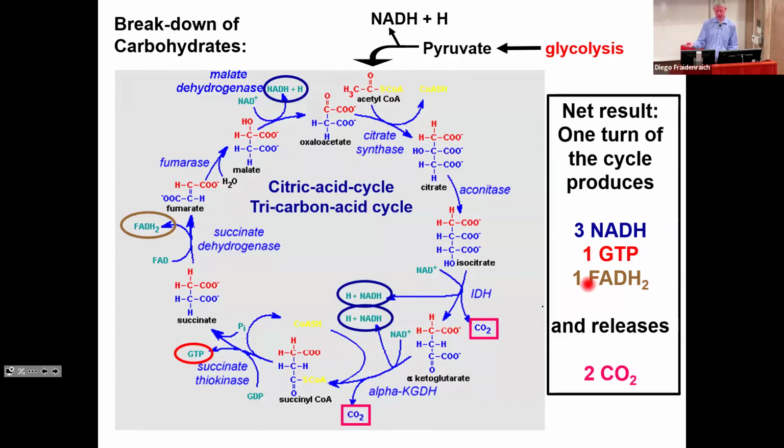And a flavin, FADH, is another way to transfer electrons to the respiratory complexes. And carbon dioxide will also be released. So you want to memorize what's generated per cycle in the citric acid cycle.